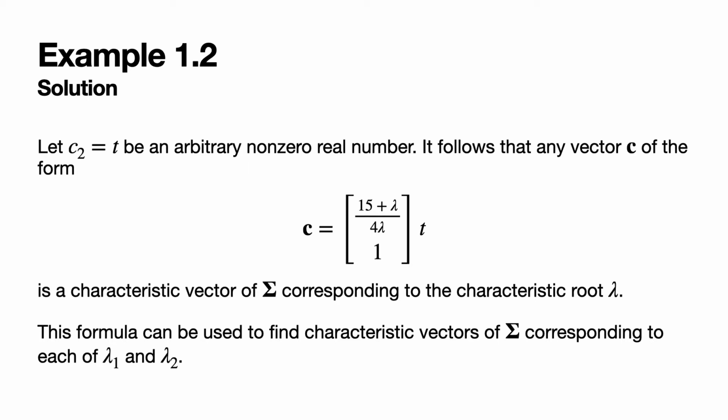Now this formula can be used to find characteristic vectors of cap sigma corresponding to each of the particular characteristic roots lambda 1 and lambda 2.